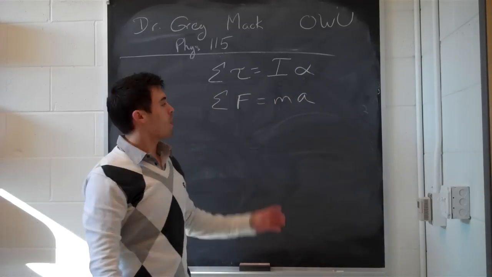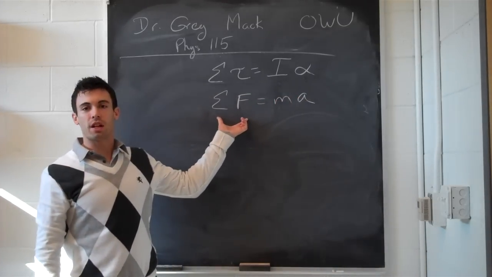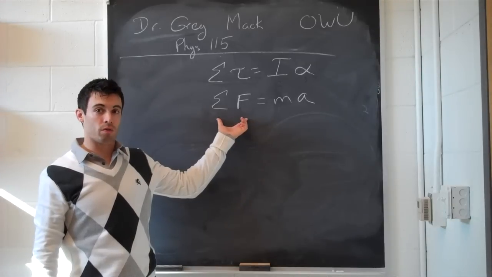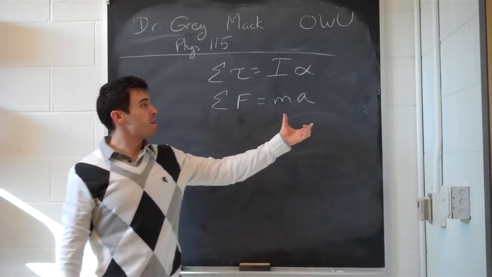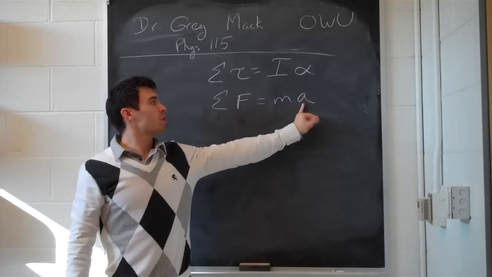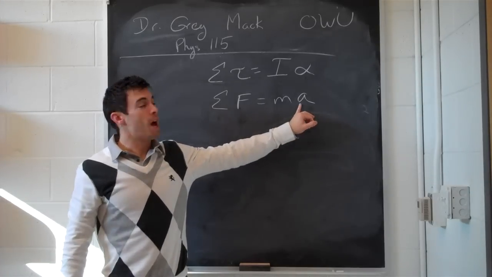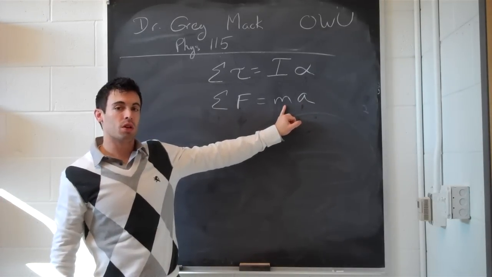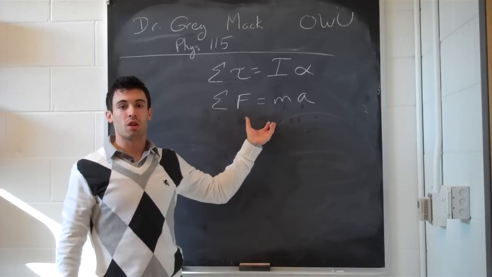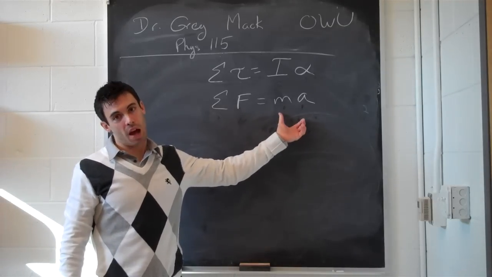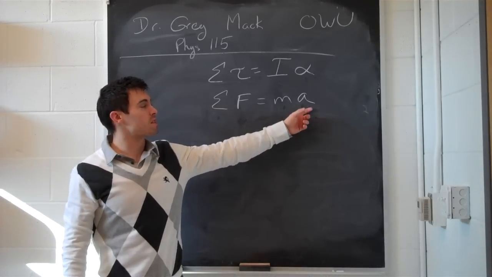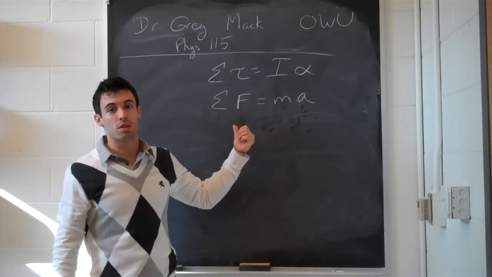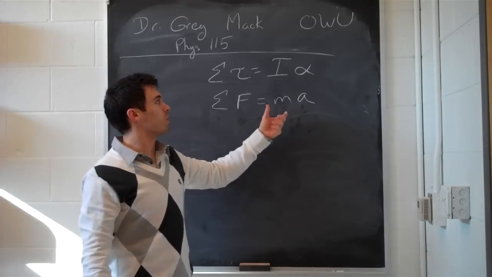for linear motion. You have a net force that is causing behavior, this being the cause, and the effect being the actual linear acceleration. And the mass being the resistance to change in motion of this situation. So the more mass something has, the more it's going to resist some change in motion for a given force.